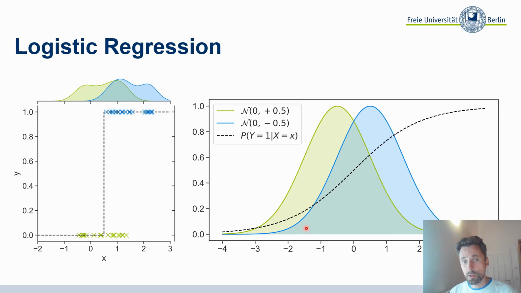So it could be either this or this. And so if we look at exactly this expression, the probability as measured by the Gaussian divided by the sum of both, then we get this nice so-called logistic function.